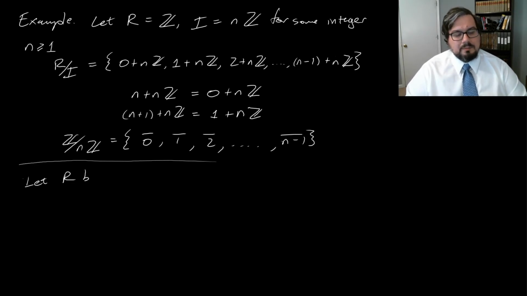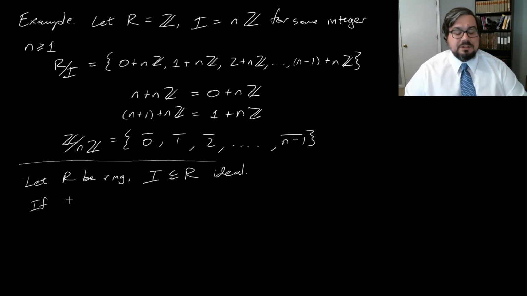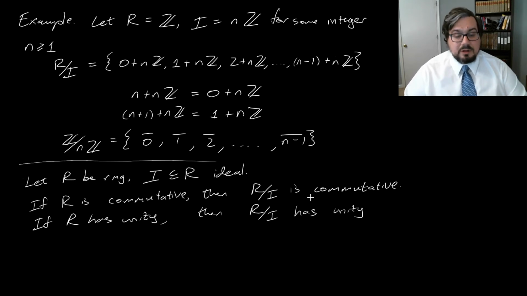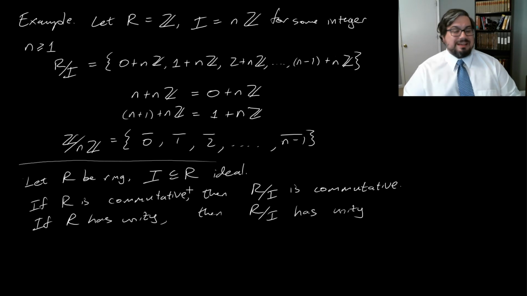So let's let R be a ring, I an ideal of R, and you're going to have a couple of exercises which ask you to show that if R is, for instance, commutative, then R mod I is also commutative. Also, if R has unity, then R mod I has unity. And this works for any ring and any ideal.